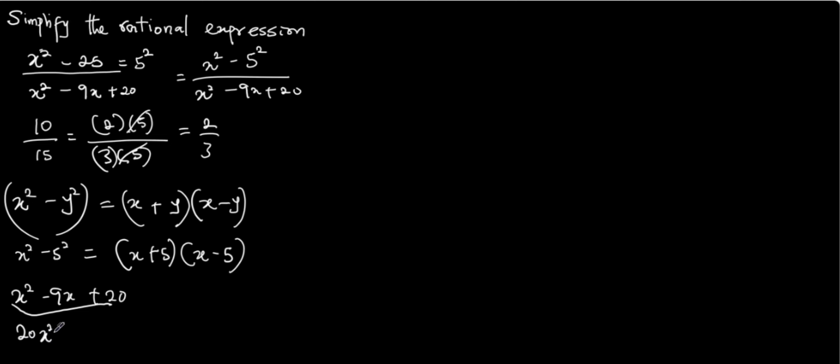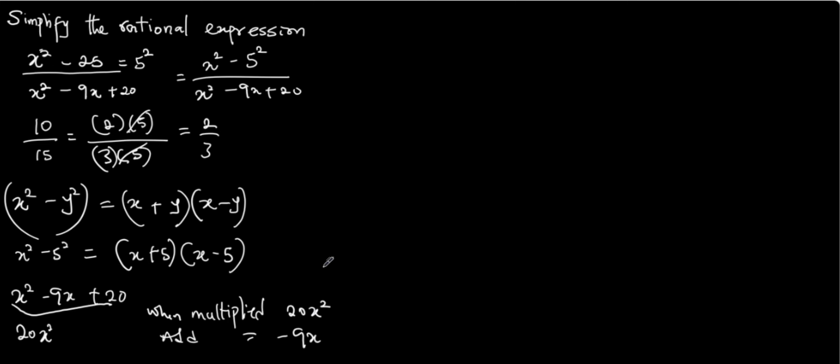The next thing is to find two numbers that when multiplied give us this 20x squared, and when we add the same two numbers, will give us the b variable, which is minus x. Now, one easy way to do that, since we are multiplying to get 20x squared, is to find every factor of 20x squared.